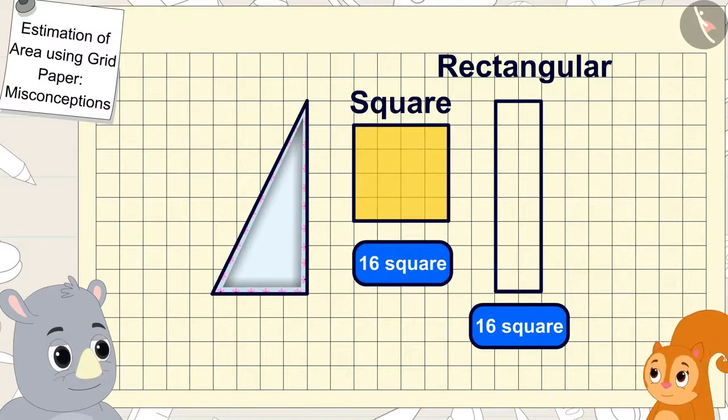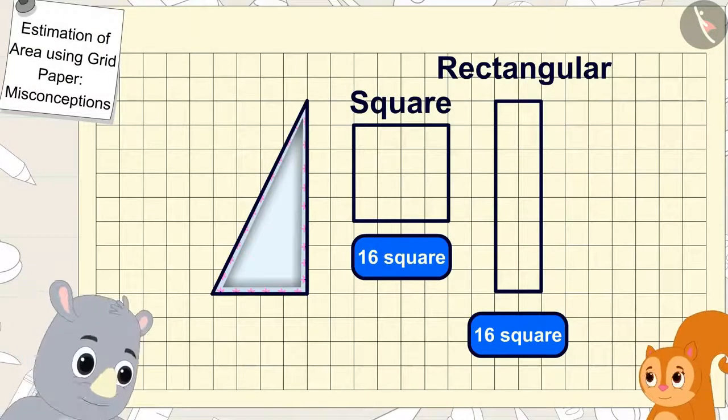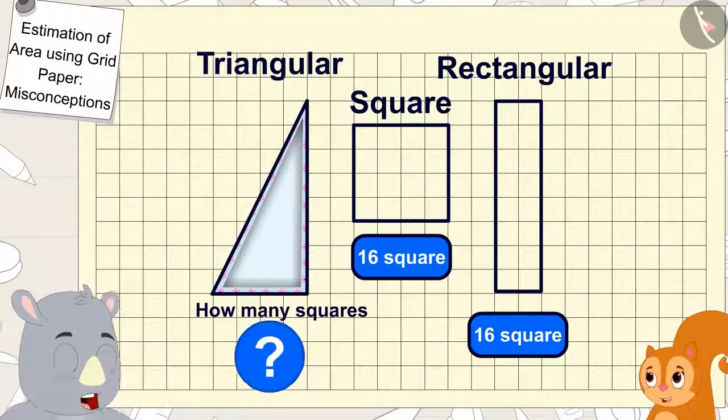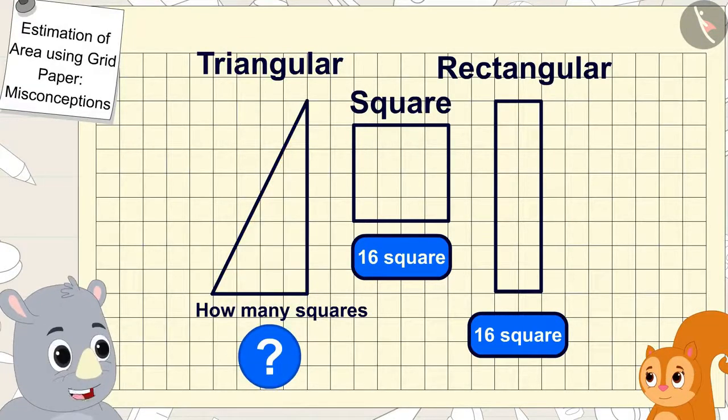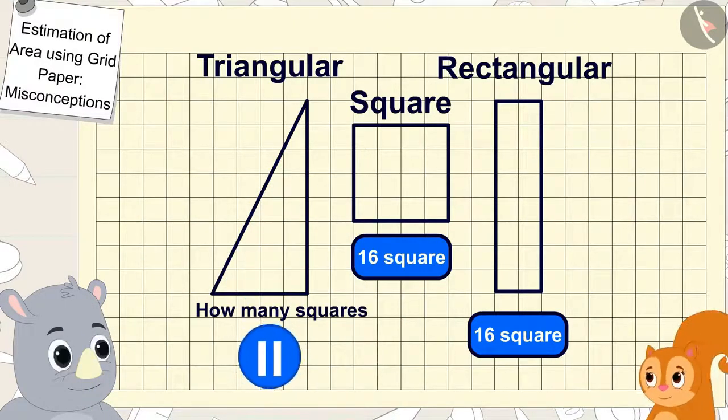That's 16 squares too, Chanda said shocked. And now can you tell me the number of squares in the area of this triangle-shaped plate? Children, can you help Chanda find the answer? If you wish to, you may stop the video and find the answer.